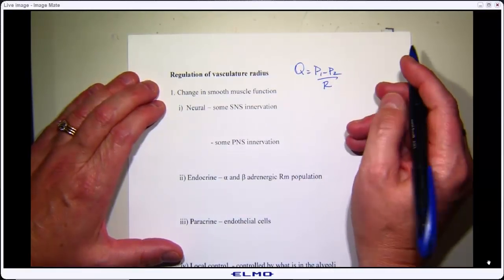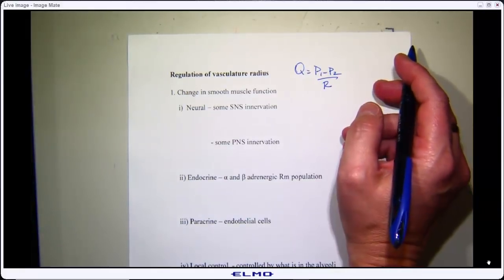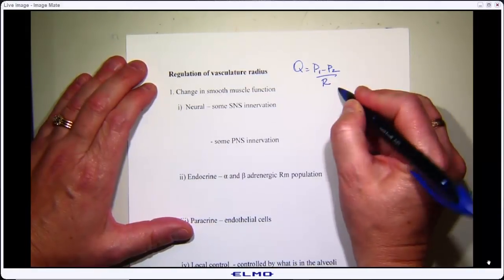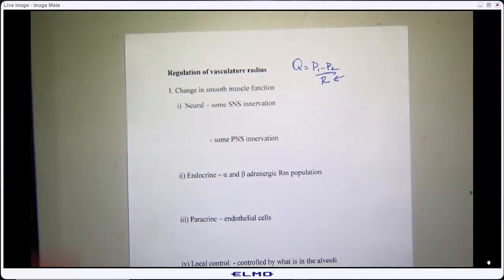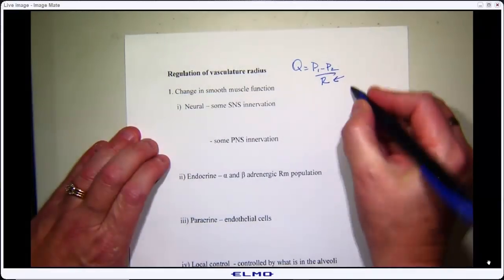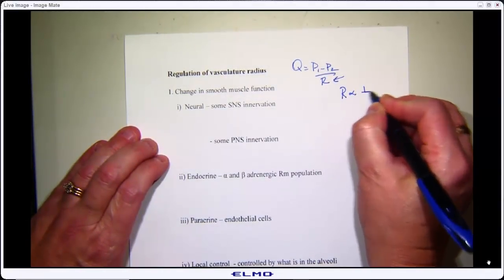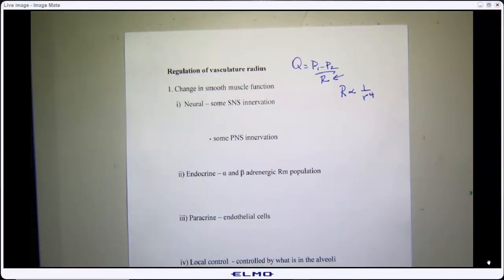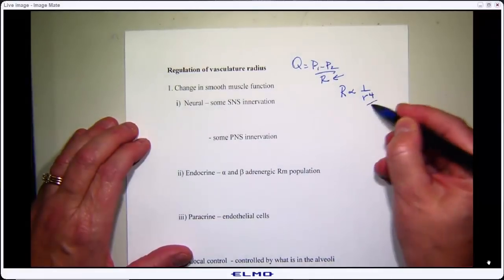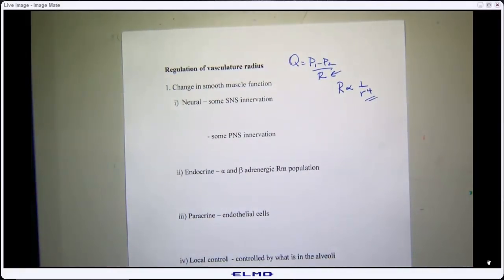And again, because of the way that flow, pressure, and resistance are related, resistance is going to be a huge regulator of flow, very powerful. Resistance is proportional to the inverse of the radius to the 4th. So we're going to be messing with changing radius.